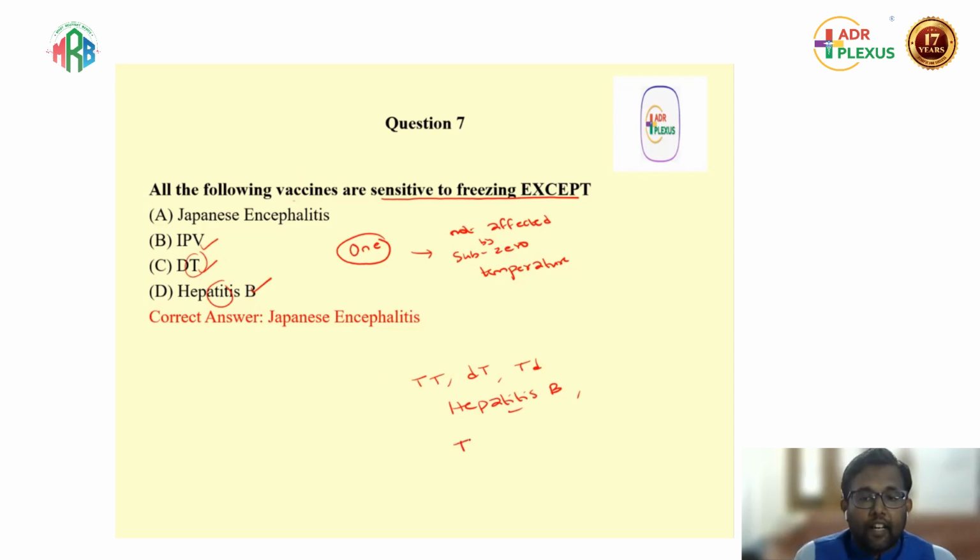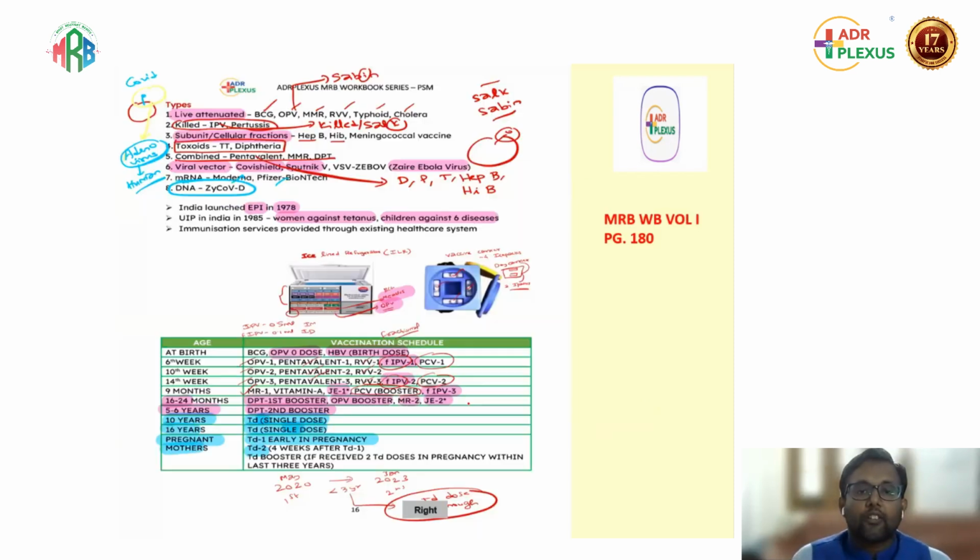Other than this, even HPV, Haemophilus influenzae type B, they will also be affected by freezing temperatures, even rotavirus. If you see Japanese encephalitis, it is not affected by sub-zero temperatures. This you can see in the MRB workbook volume 1, page 180, where you can see this picture.